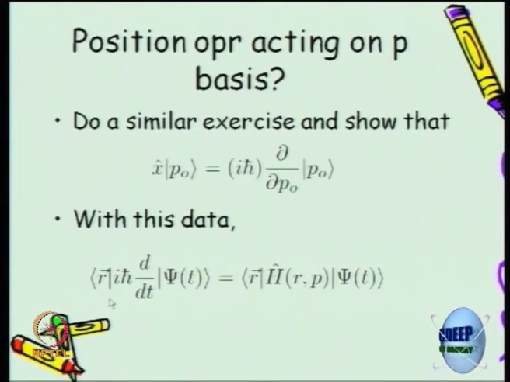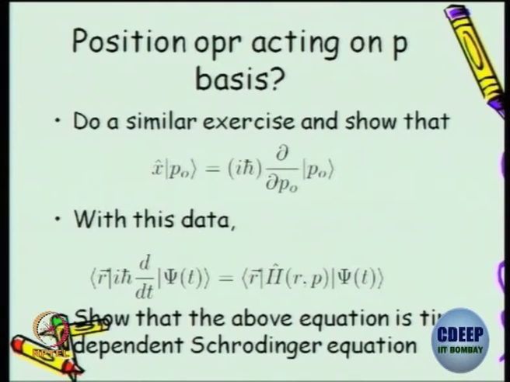In 3 dimensions you take an r vector. So now this is the exercise for you. The H operator is p squared over 2m plus V of r, and p squared over 2m can be replaced by minus h cross squared del squared over 2m.